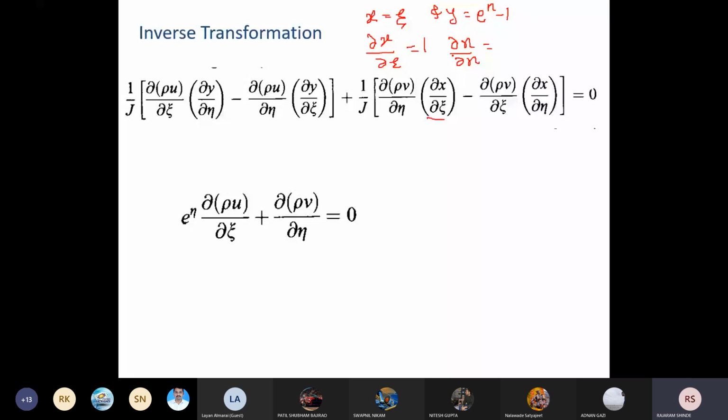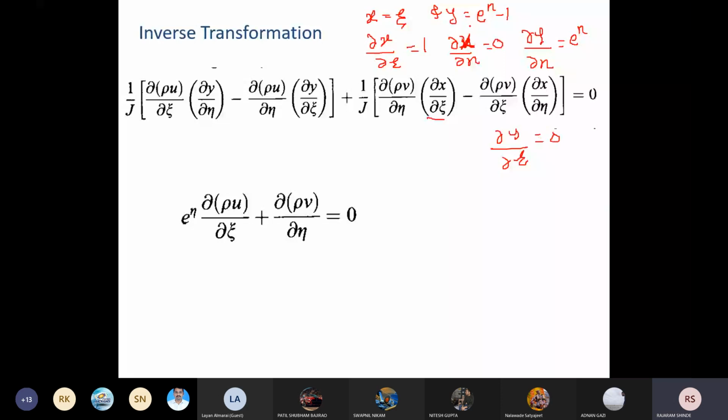Next, ∂y/∂η is again e raised to η. And next one, ∂y/∂ξ becomes 0, because if you differentiate this with respect to ξ, you will get 0.